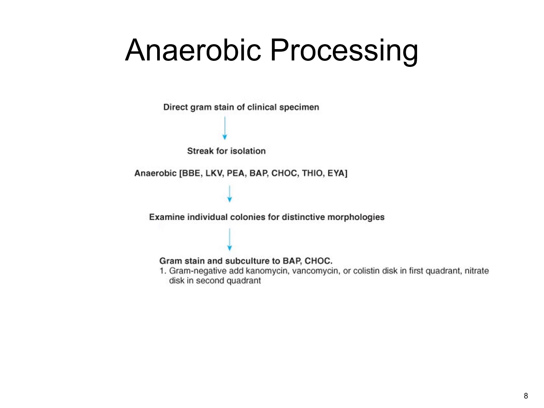And then once you determine you have growth on your anaerobic plates, then you would do a gram stain, or you would subculture to something like a blood agar or chocolate, depending on what you're looking for. And then with your gram-negative organisms, you would also add those antibiotic discs to the plate so that you could look for susceptibility or resistance to those, and you may also add a nitrate disc. There are a couple of different methods for the nitrate testing, but a disc method is one of those methods.